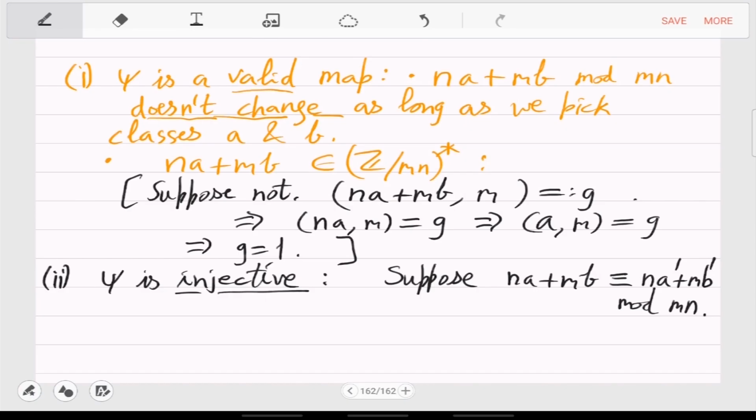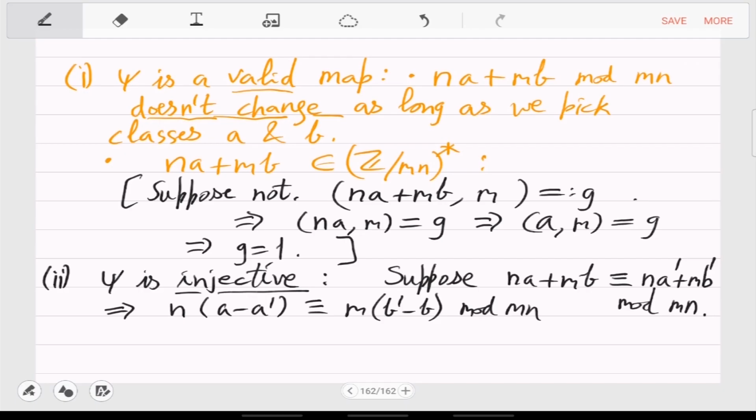So then this congruence is satisfied. What do you deduce from this? No, not too fast. So let's bring n together. So if you arrange in this suggestive way, so you have n times difference same as m times difference mod mn, right?